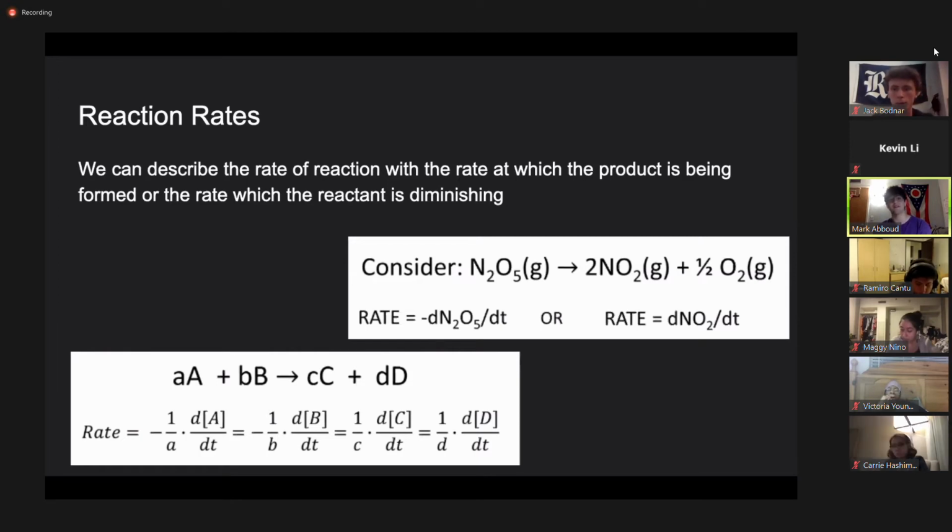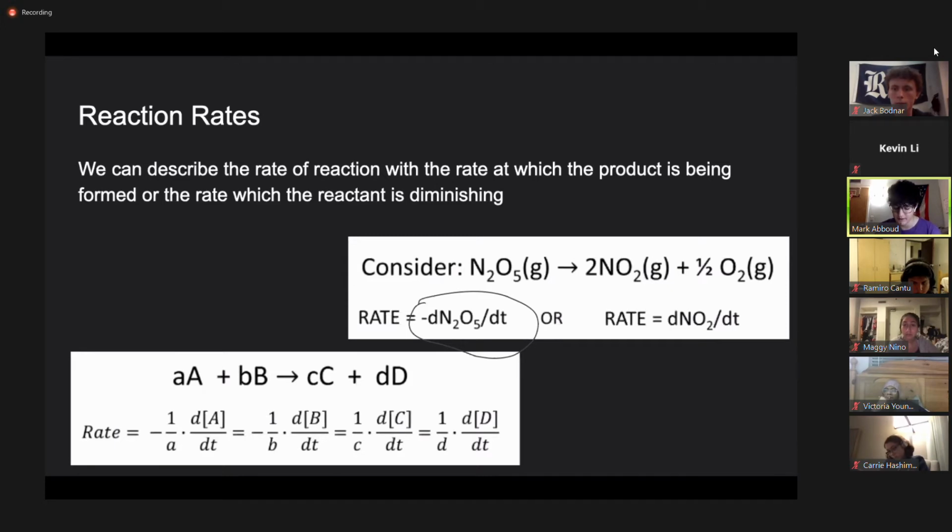If the reactants are diminishing, that means they have to be going to form the products. That's why we put the negative in front of it too, because the concentration of reactants will be changing in a negative sense, but the rate must be positive. So we add the negative in front of it in order to flip it back to a positive rate.